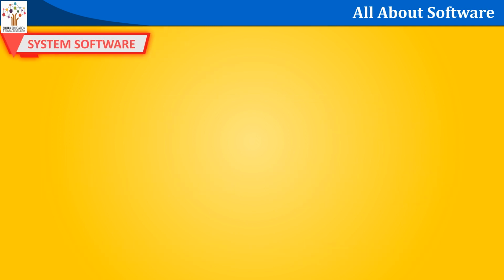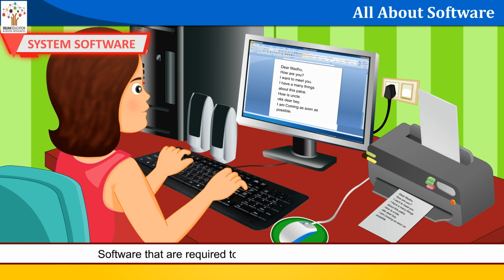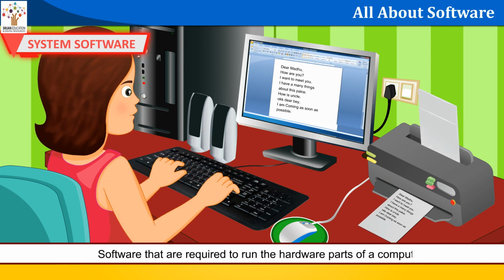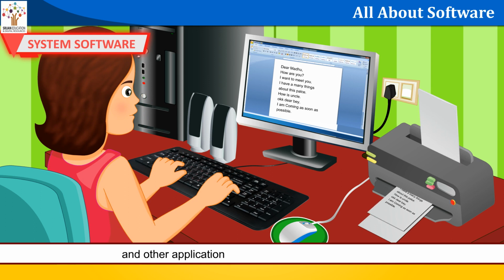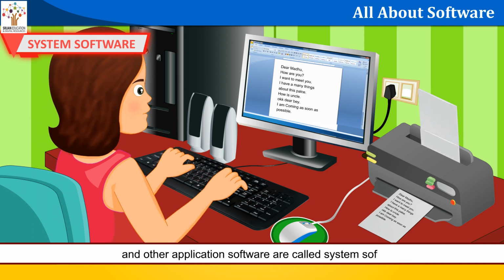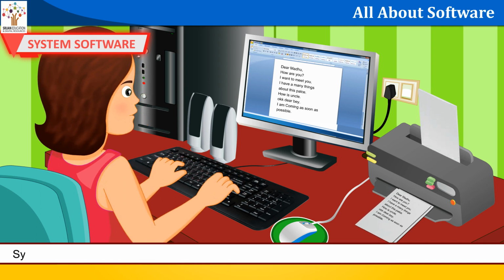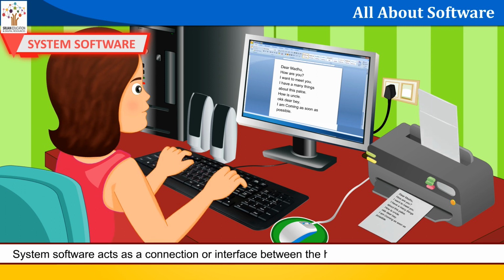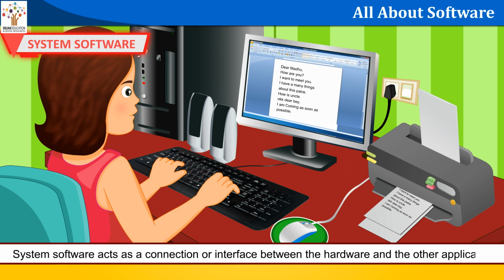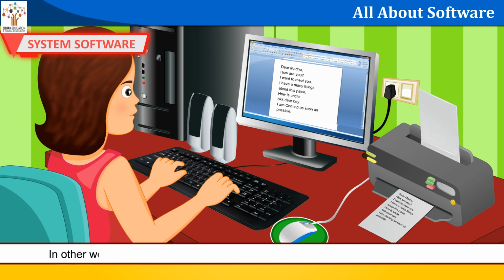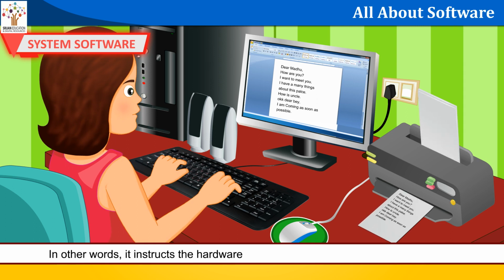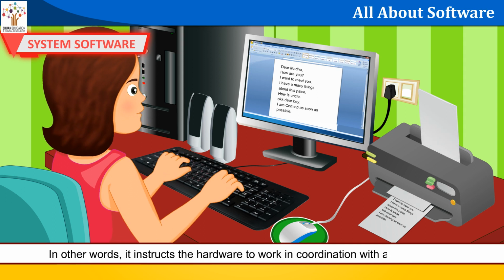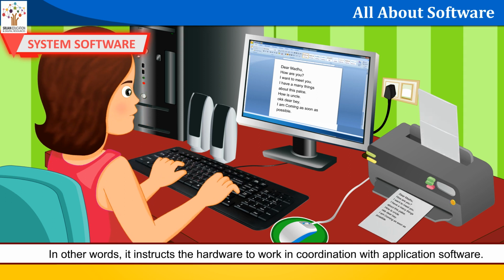Software that are required to run the hardware parts of a computer and other application software are called system software. System software acts as a connection or interface between the hardware and the other applications. In other words, it instructs the hardware to work in coordination with application software.